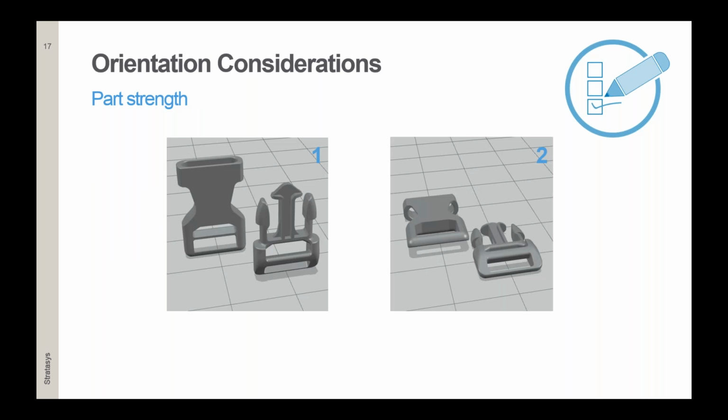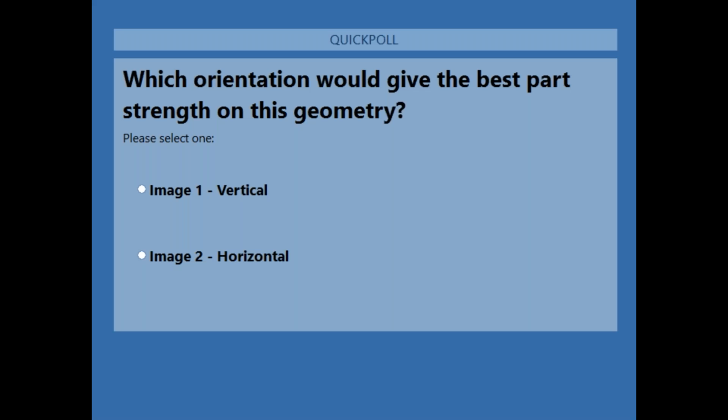And the next consideration for today is the part strength. Again, I would like to ask the audience to look at the left and right image and tell what they think. Given the geometry, which part will be stronger? Okay, let's launch the poll again.